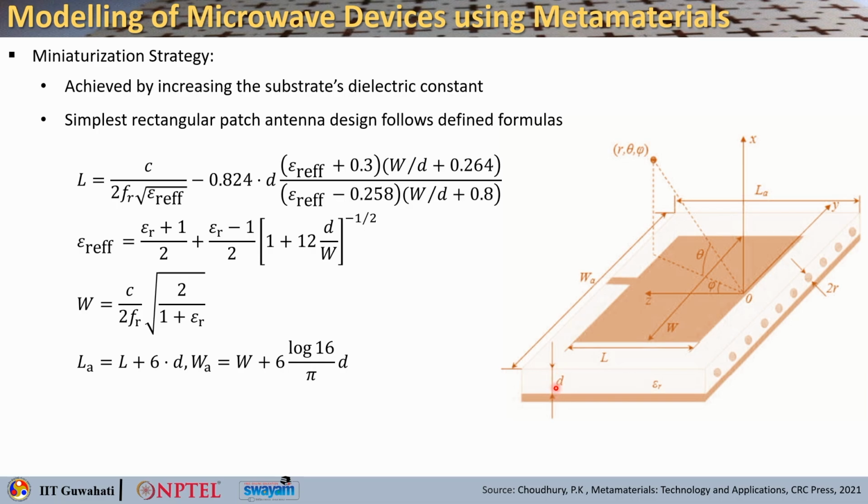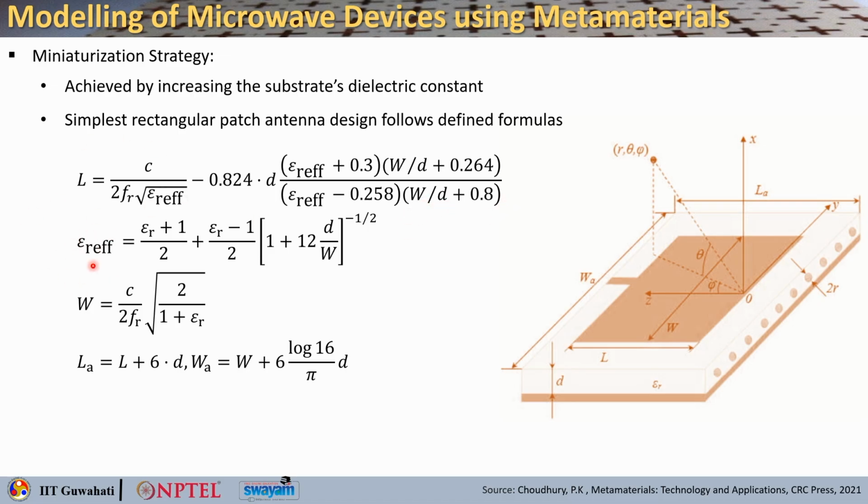D is basically the thickness of the dielectric slab, okay, plus 0.264, the whole thing divided by epsilon R effective minus 0.258 times W by D plus 0.8, okay.